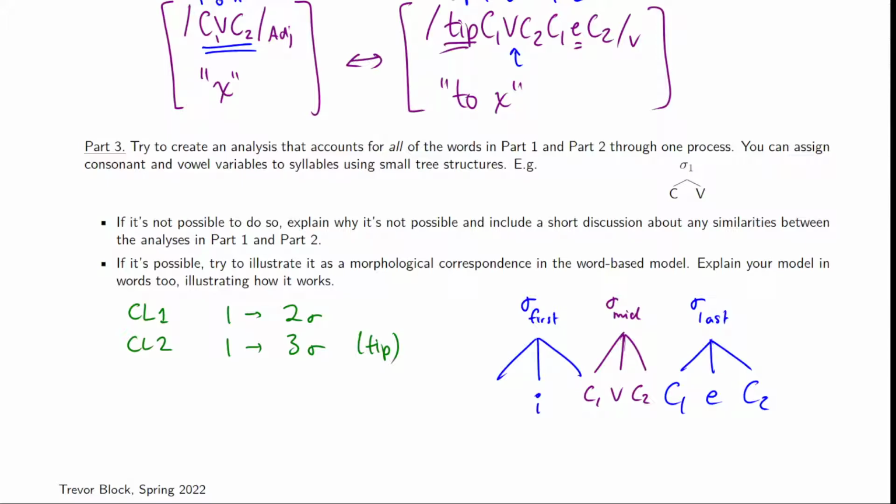In terms of what's happening in general, the answer is yes. But in terms of figuring out which words get a 2-syllable form or a 3-syllable form and then modeling that nicely in a formal notation, that can't be done with just the word schemas and morphological correspondences. So there is a pattern, but it has to be described in words and not using our formal notation.